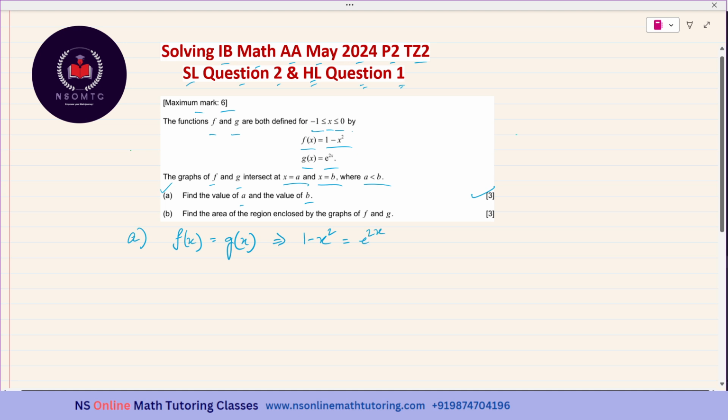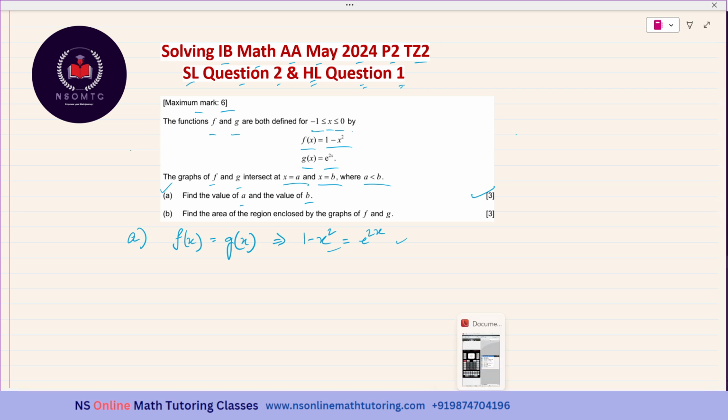You can bring this e to the power of 2x to the left side by adding negative e to the power of 2x on both sides of the equal sign. So the right side becomes equal to 0, and you can plot the graph of 1 minus x squared minus e to the power of 2x and find the zeros. Or else you can graph the two functions separately and find the x coordinates of the intersection points. I'll be graphing these two functions separately.